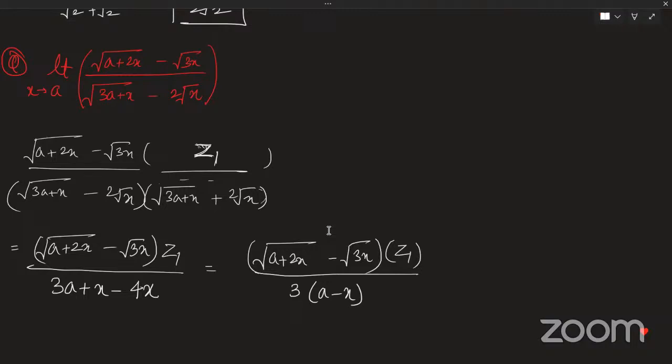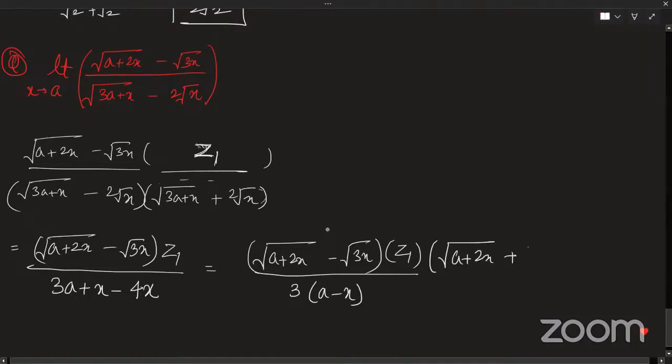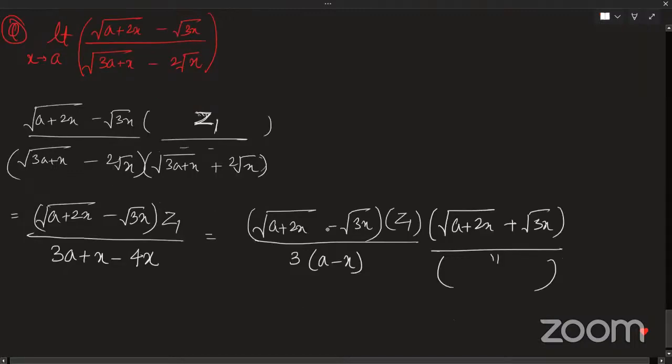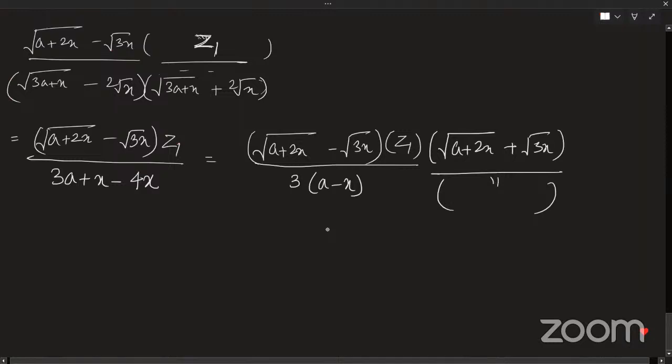Okay, great. So we should be writing this as root of a plus 2x plus root 3x whole, divided by the same thing. This is what you mean, right?